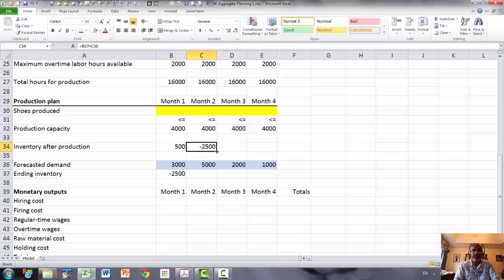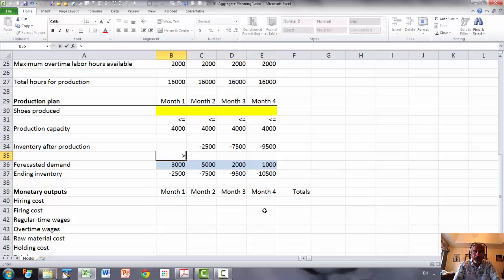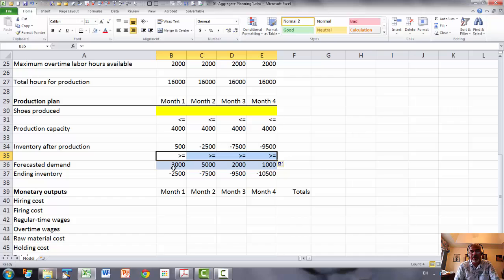So this will give us the required values. Once again, the inventory after production must be at least equal to the forecasted demand, otherwise you'll end up not being able to satisfy the forecasted demand. So inventory after production has to be greater than or equal to forecasted demand. Once that is satisfied, the ending inventories will not be negative.